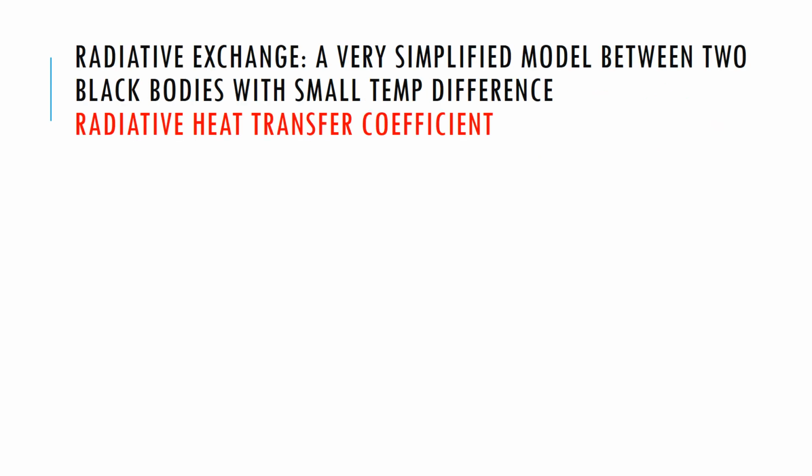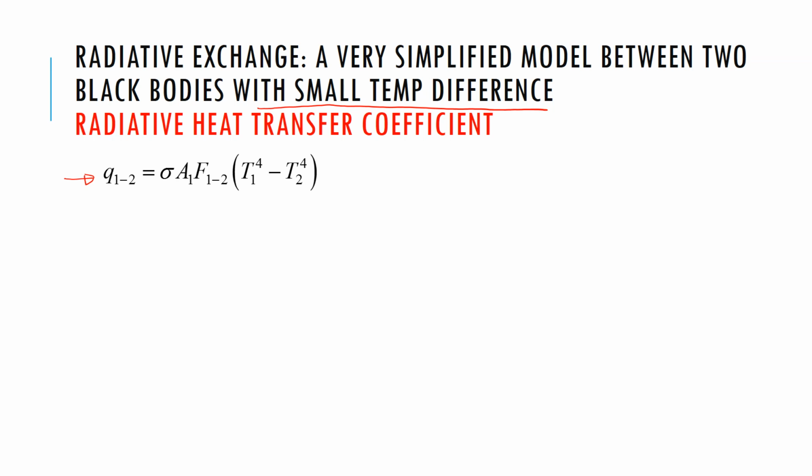So the formula that we just derived for radiative heat exchange between two black bodies can be further simplified for a very special situation when temperature difference is small. This is the formula we are talking about, for black bodies at two different temperatures, T1 and T2.